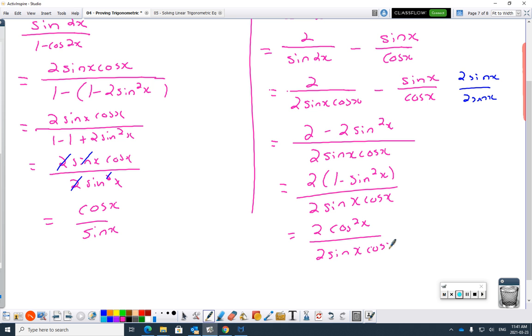And then some cancellation. The 2's go. One of the coses goes. And it's cos x over sine x. Therefore, left side equals right side. Therefore, true.